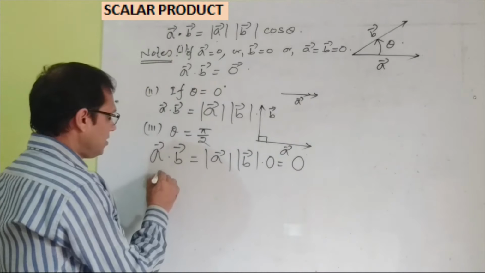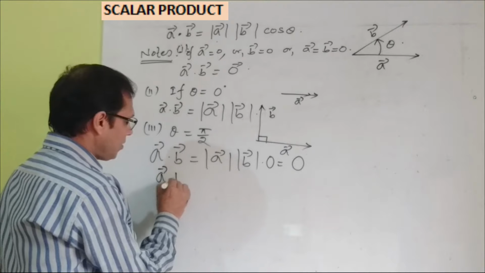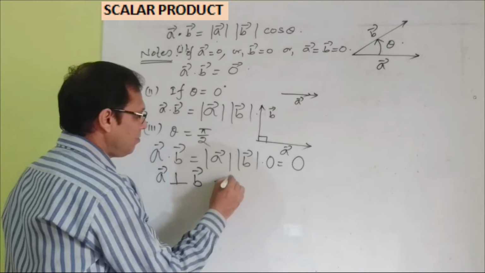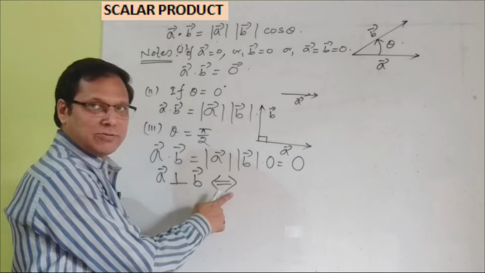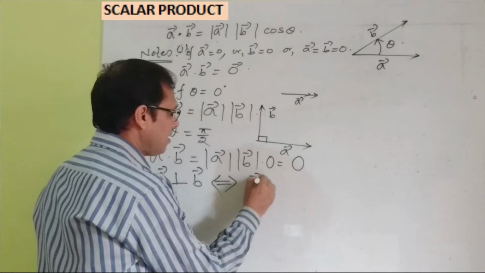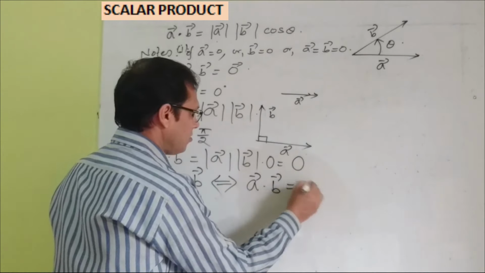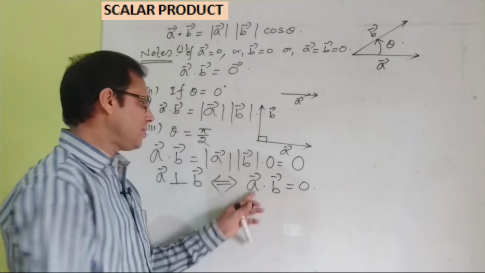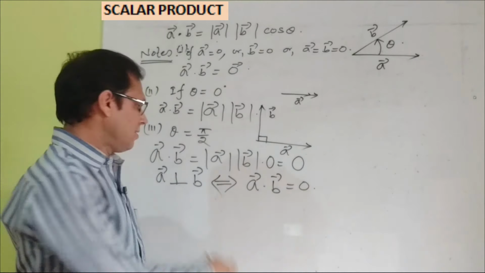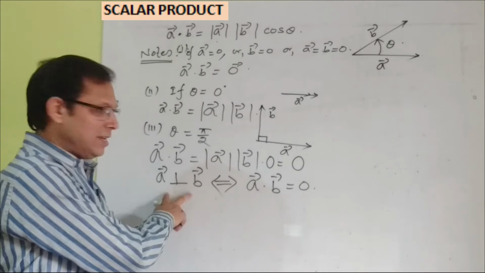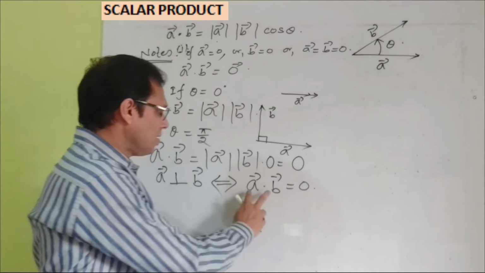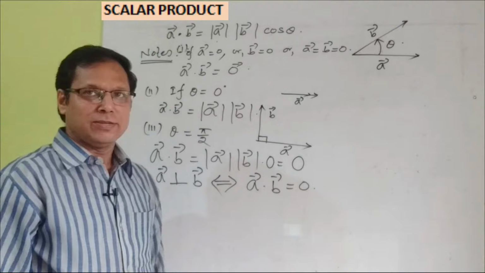That means you can write a vector is perpendicular to b vector if and only if, that is double implication, a dot b is equal to 0. That means if the dot product between two vectors is equal to 0, then they are perpendicular to each other. If they are perpendicular to each other, then their dot product should be equal to 0.